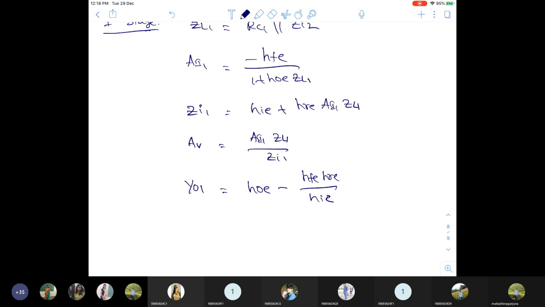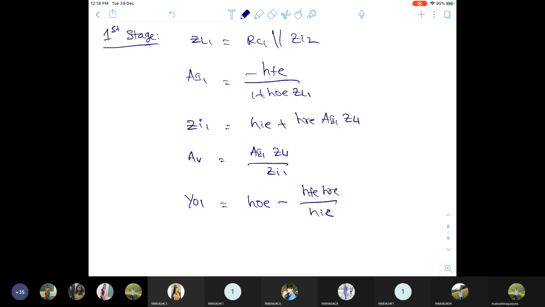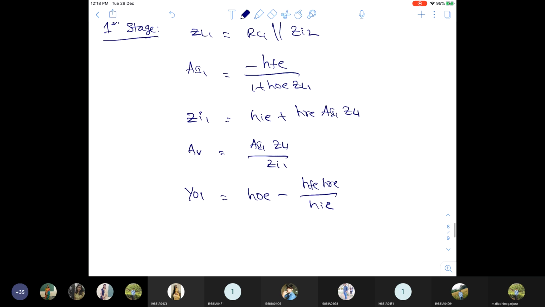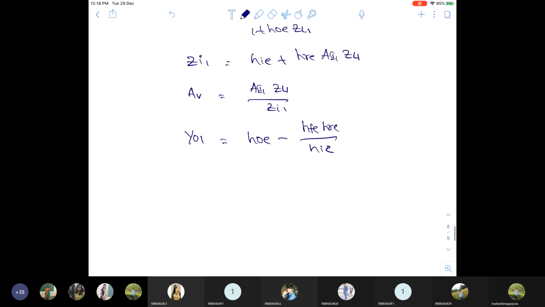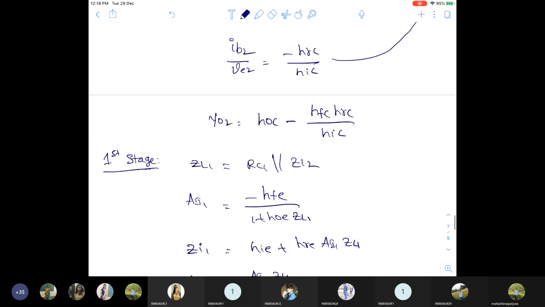So these are the first stage. The first stage is a CE amplifier, already calculated twice in the previous derivation. Next, overall, as I already told you.